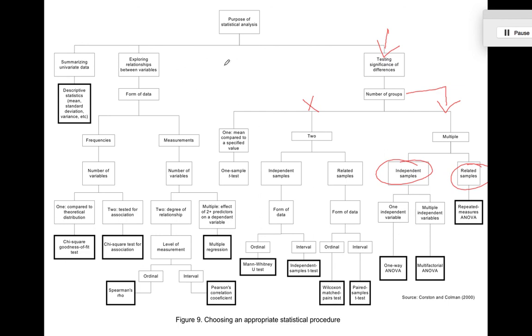So in our particular case here, we were talking about the effect of anxiety on exam scores. We have one independent variable and one dependent variable.